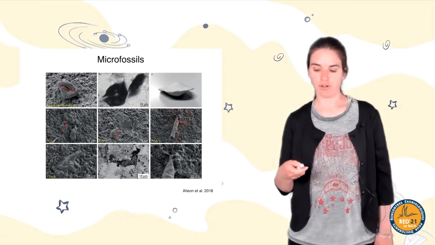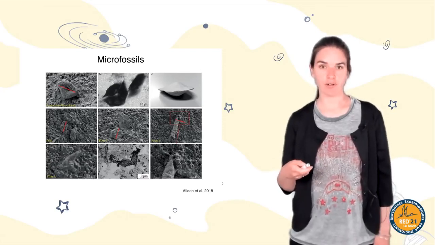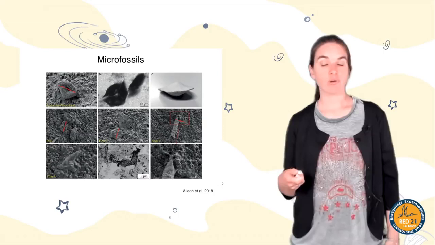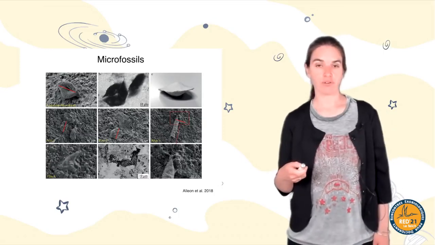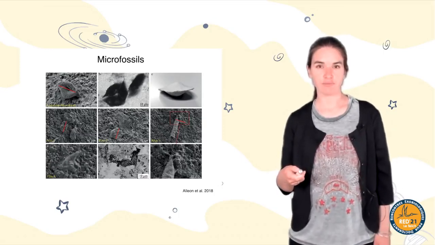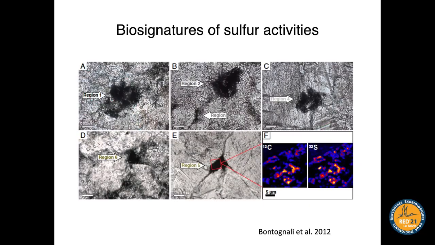So for most of the scientific community, the Strelley Pool stromatolite is one of the best examples of a trace of life. But there are also a lot of other studies that have shown that we can estimate what the metabolic activity was of some of these microbes in Strelley Pool.